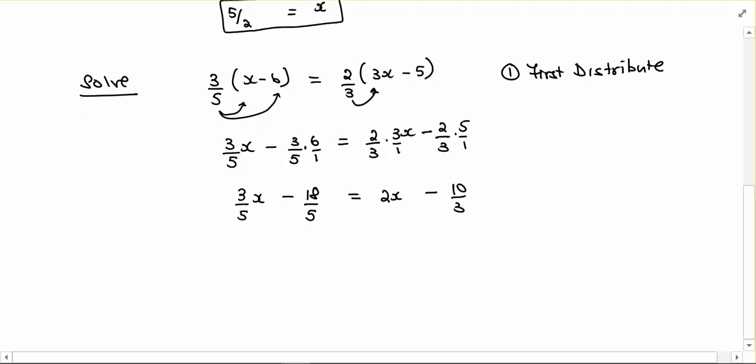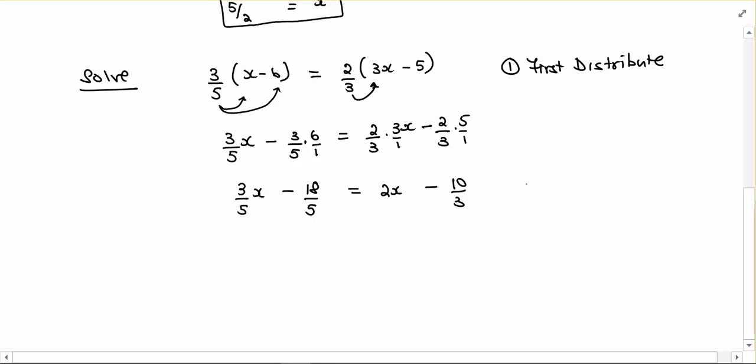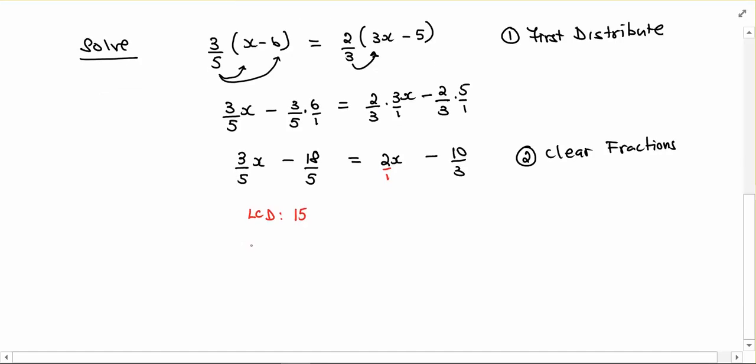Alright, now I'm going to clear fractions. And I can clearly see all the denominators. This denominator over here is a 1, right? So the LCD is, well, there's a 5 and a 3, so the LCD is 15, right? So I'm going to multiply every term. There are 4 terms, each term whether it has a fraction or not.